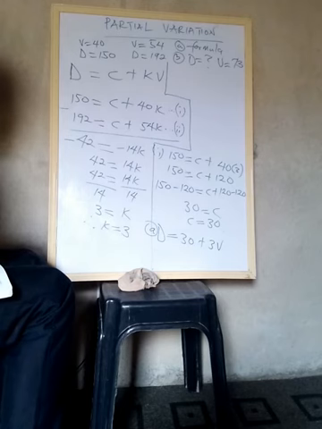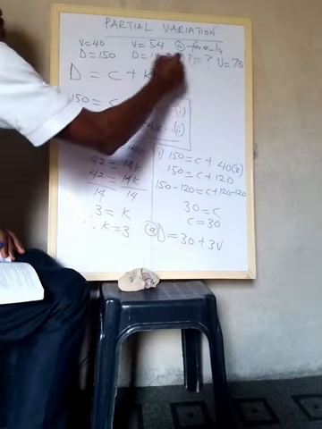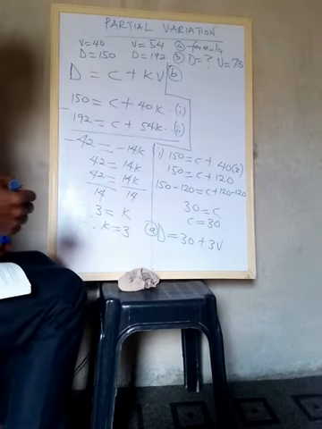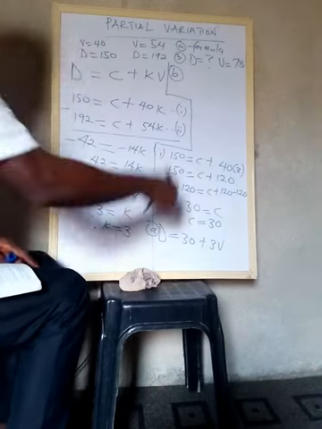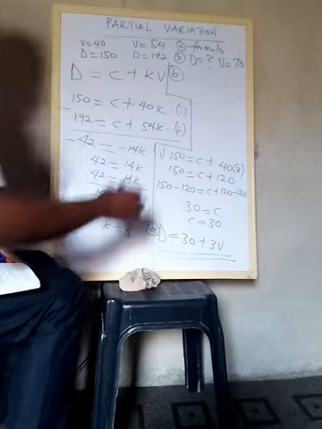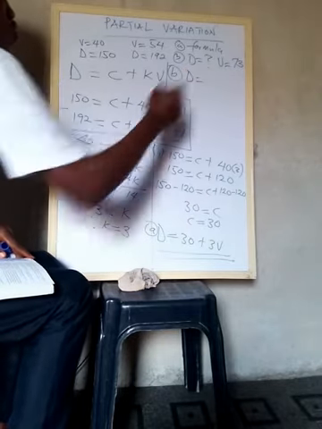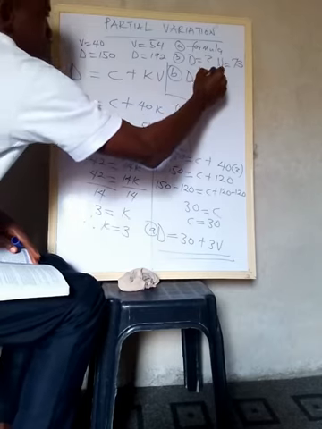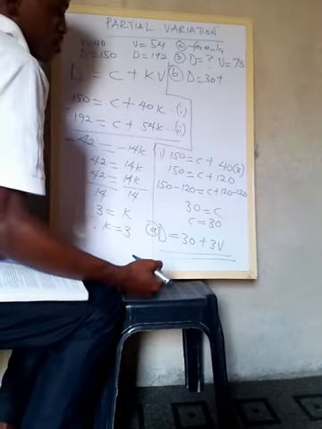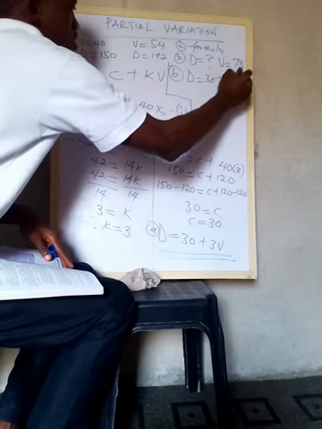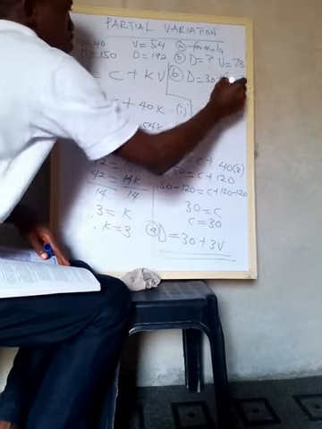Now the B part of the question, let me do it here. Trying to manage the board. Find D when V is 73. This is the formula we now use. D is equal to 30 plus, using our formula, 3 times V. V was given as 73, so 3V is 3 times 73.